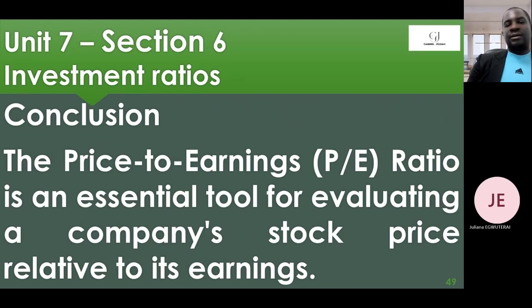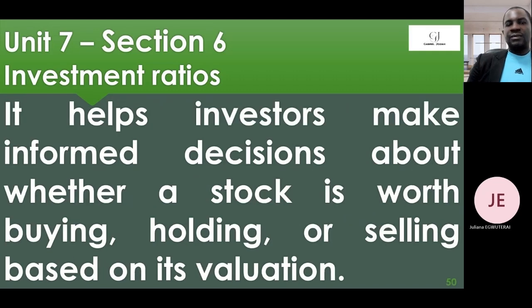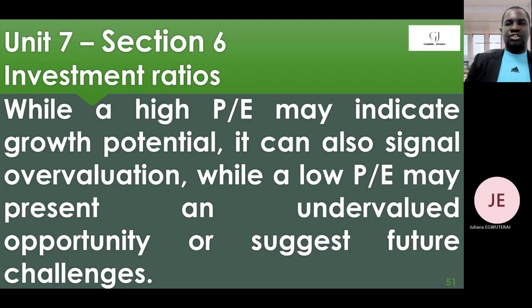So in concluding, the PE ratio is an essential tool for evaluating a company's stock price relative to its earnings per share. It helps investors make informed decisions about their shares, on the issue of buying, holding, or selling it based on the valuation. This ratio helps to really propel that decision.